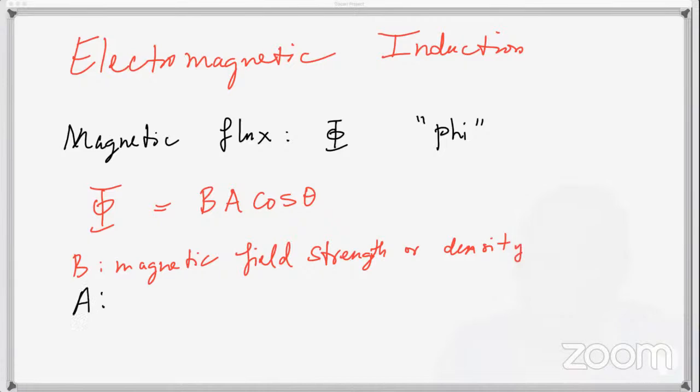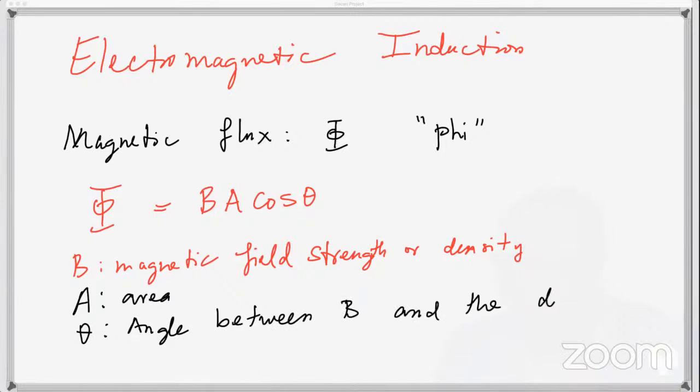A is the area, and then theta is the angle between the magnetic field and the direction perpendicular to the area.